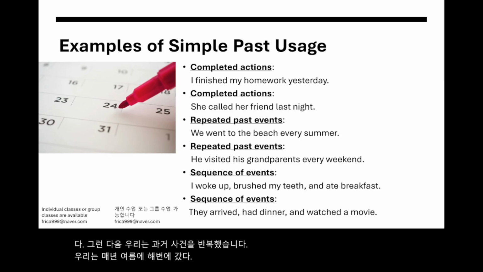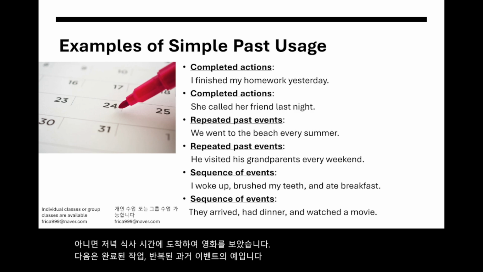Or he visited his grandparents every weekend. And then we have sequences of events in the past. I woke up, brushed my teeth, and ate breakfast. Or they arrived, had dinner, and watched a movie. These are examples of completed actions, repeated past events, and sequences of events.